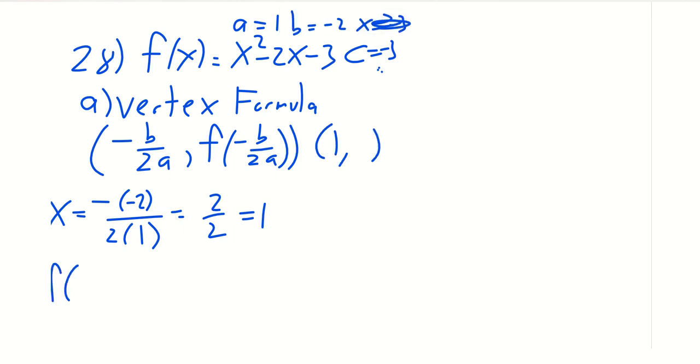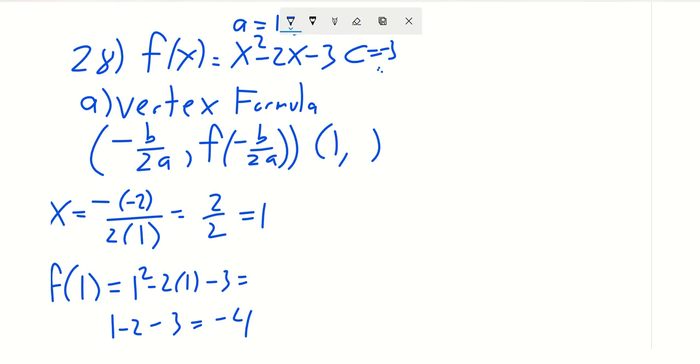To find the y-coordinate of the vertex, we simply plug 1 into the function. f of 1 is 1 squared minus 2 times 1 minus 3, which is 1 minus 2 minus 3, which should be equal to negative 4. So vertex formula, extremely useful. We find that the vertex is going to be at (1, negative 4).